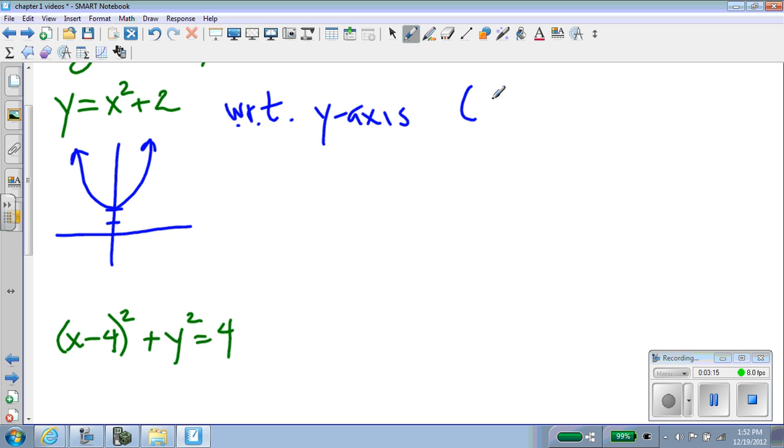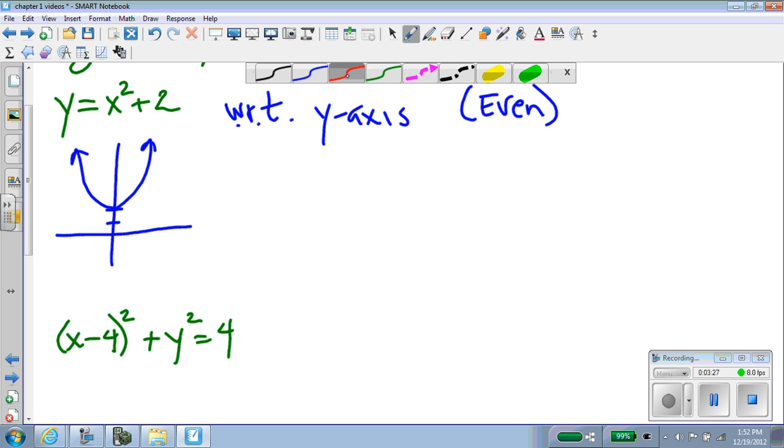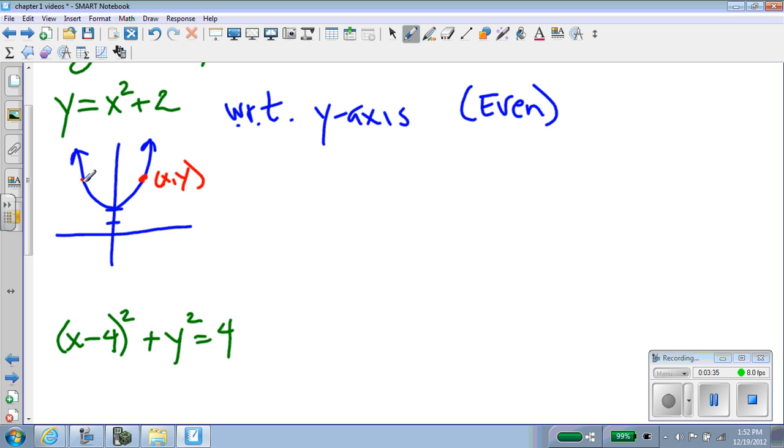And later on in the unit, we will say that that means that the function is even. It's just a preliminary bit of information. What you will notice about graphs that have symmetry with respect to the y-axis, any point that you take on the graph, there is a companion point across the y-axis, which would be the opposite of the x value with the same y value.